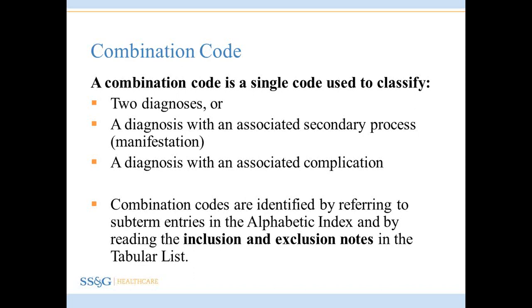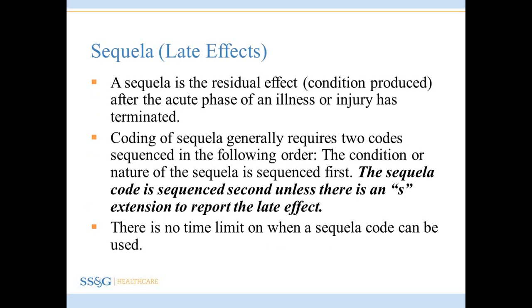So again, we can use that example of diabetes with neurological complications as a combination code now. Combination codes are identified by referring to the subterm entries in the alphabetic index and by reading the inclusion and exclusion notes in the tabular list. Again, more little guides for you to pick the right code.